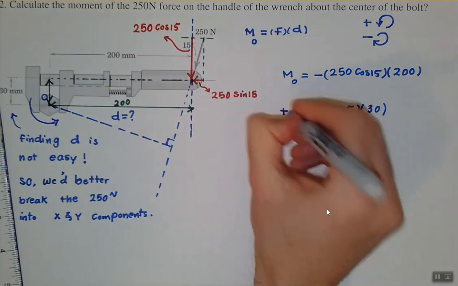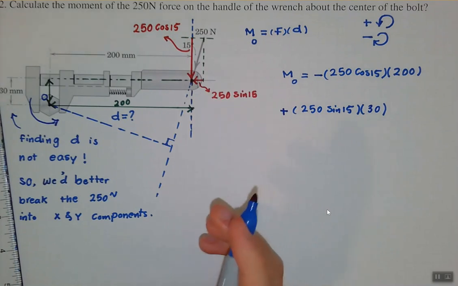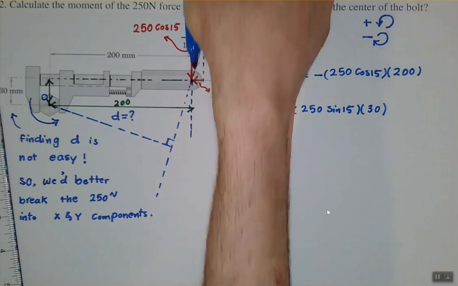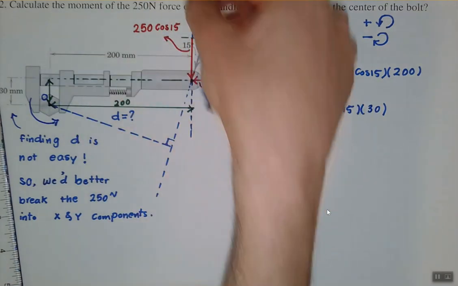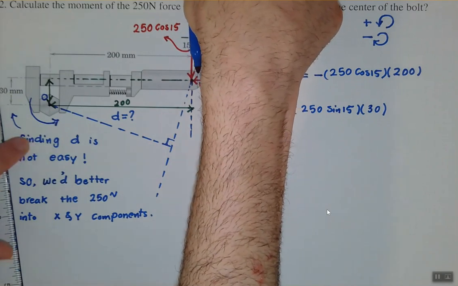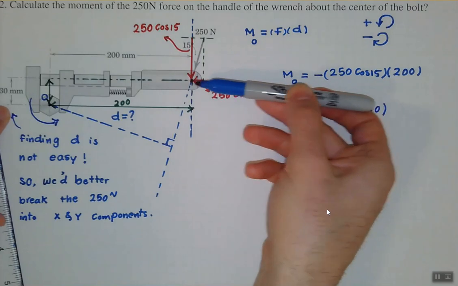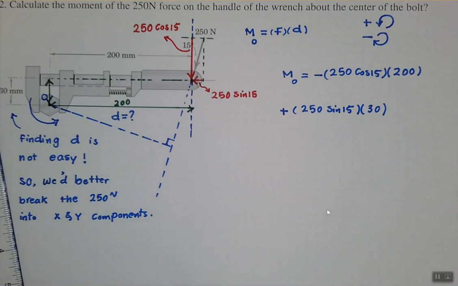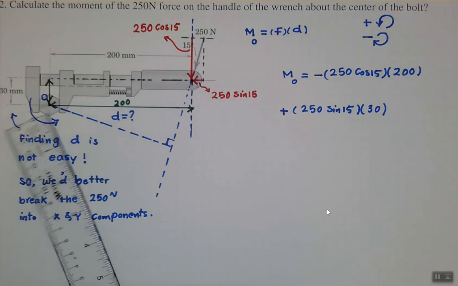Therefore, it is positive. I know it's not easy to visualize. Maybe it's easier for this load, because of this long handle, you can visualize this load rotating this knot clockwise, but it's difficult for this small load. So you can exaggerate it, that's okay, just to find the right direction.